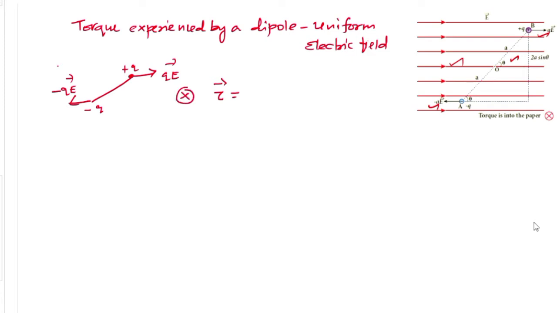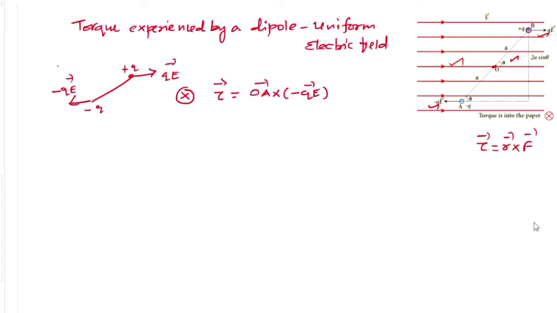So you can write this. Torque in vector representation is OA vector cross one of the forces, QE. Here we have the midpoint, and the perpendicular distance. This is the general formula for torque: torque is equal to R cross F, where R is the position vector.